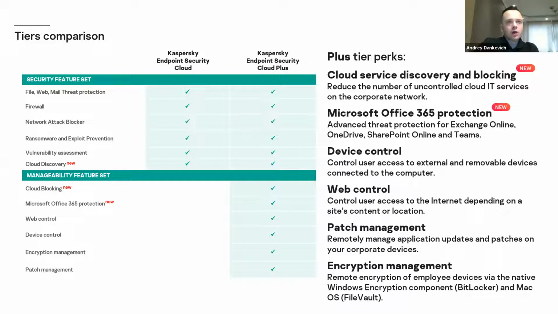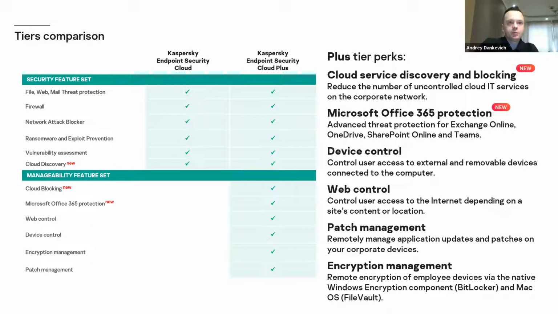And also during this year, we have added protection for Microsoft Office 365 to KES Cloud Plus. We know that a lot of businesses around the globe are moving to Microsoft Cloud, and they enjoy collaboration and communication with applications such as Exchange Online for their email services, OneDrive and SharePoint to share their valuable files, and of course, Microsoft Teams, now the most popular business messenger in the world.